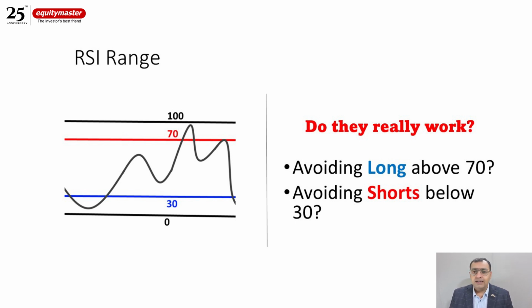But most technical analysts or traders who use this RSI use the terms overbought zone and oversold zone, do they really work? Avoiding longs above 70, avoiding shorts below 30, do they really work out in practical price action?